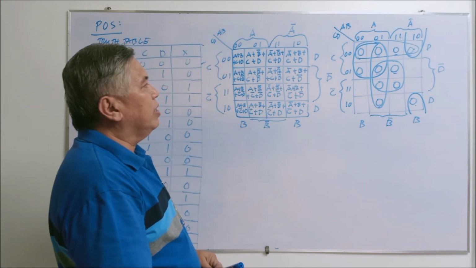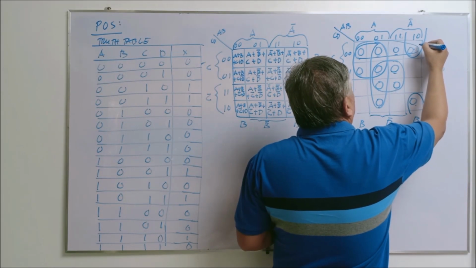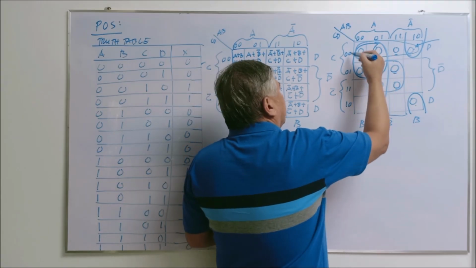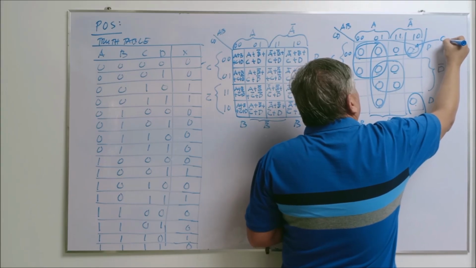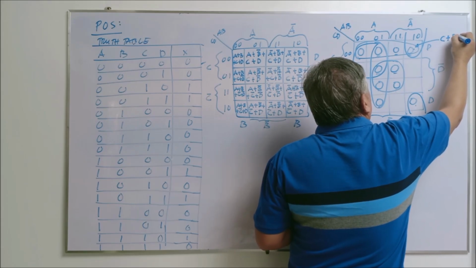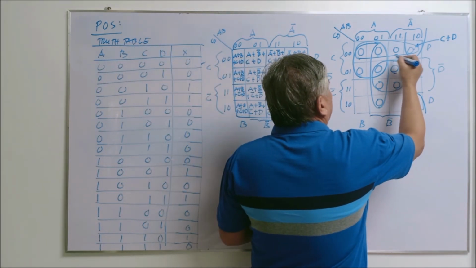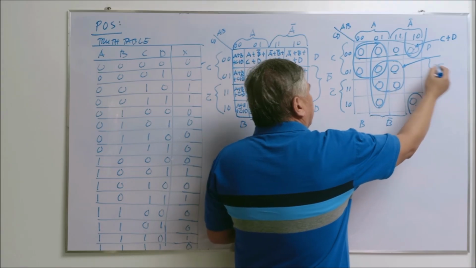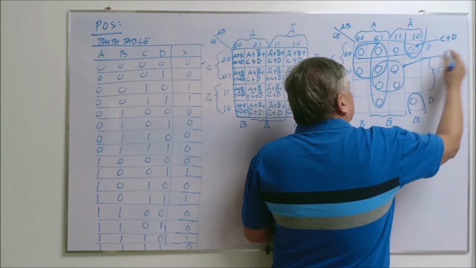Okay, so how do we obtain the equation? This line, we have, this is under C, and at the same time under D. Take note, this is a sum term, so C plus D. Then this one here, the square, this belongs to B bar plus D bar.